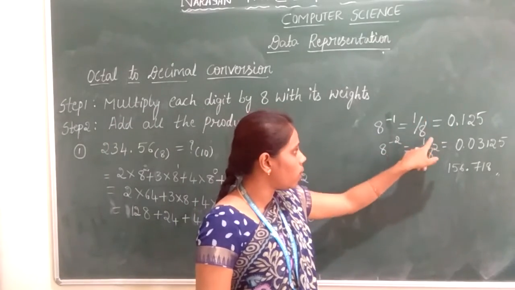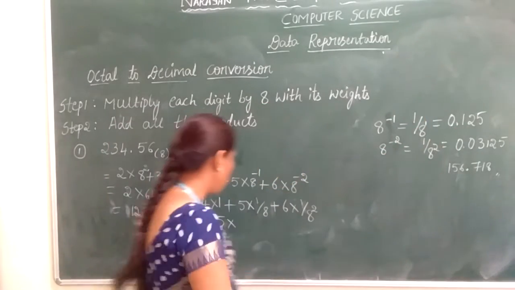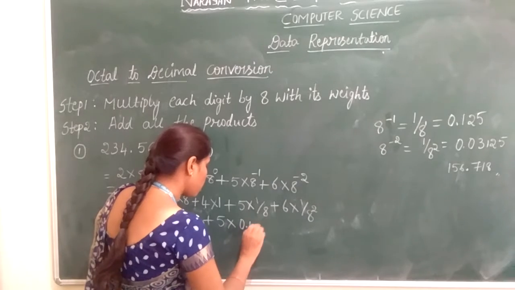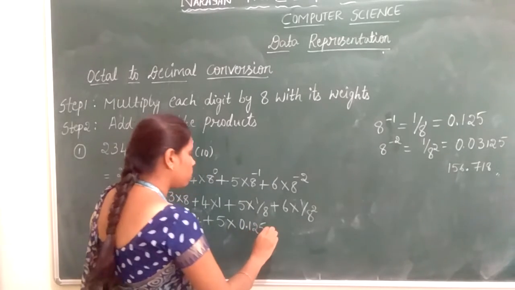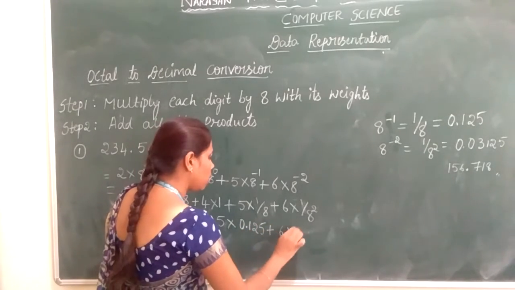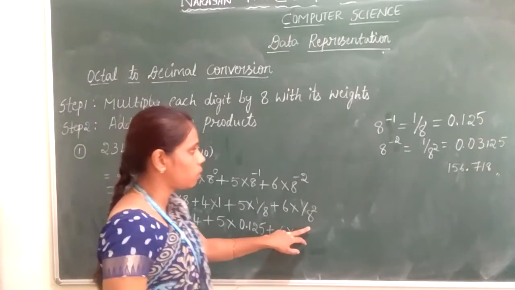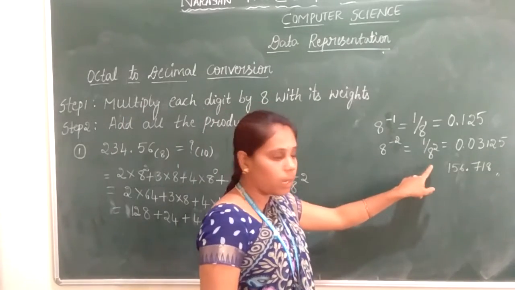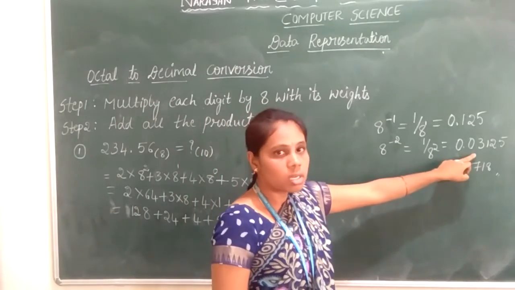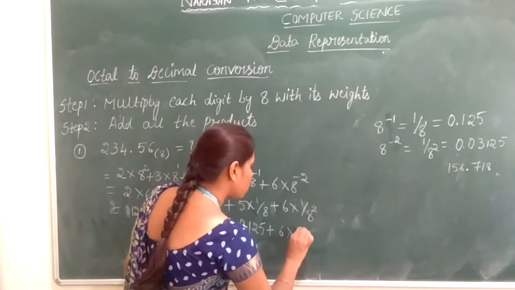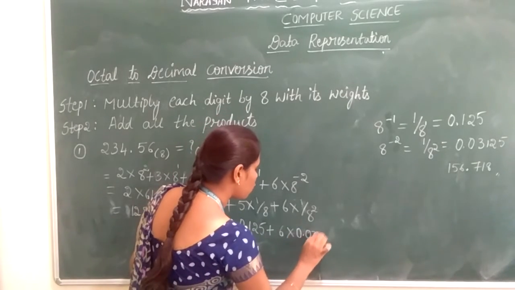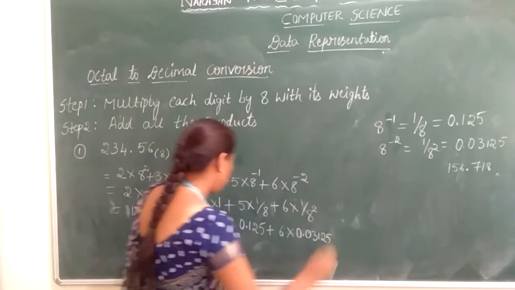The value of 1 by 8 is 0.125, plus 6 into 1 by 8 power 2. 1 by 8 power 2 value is 0.03125.